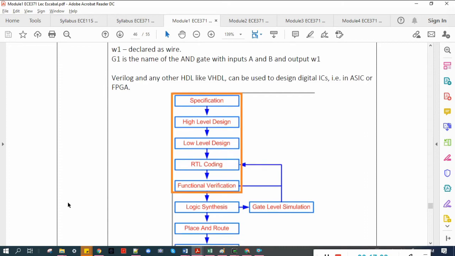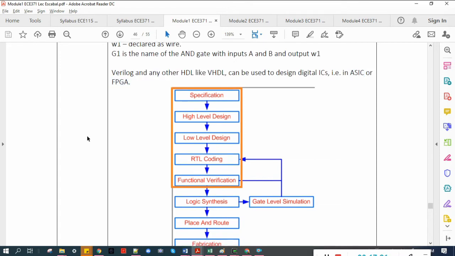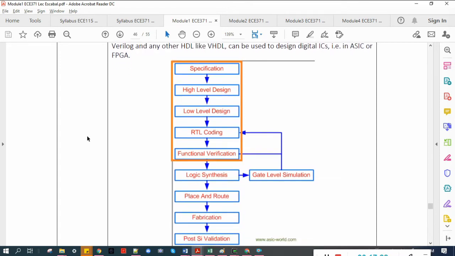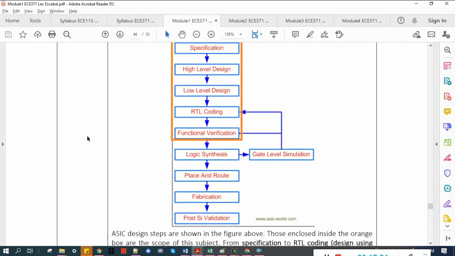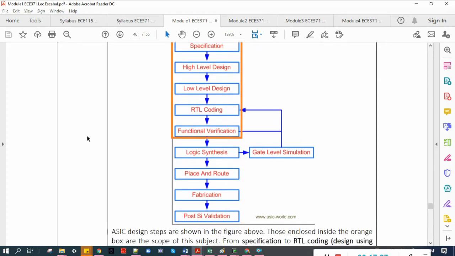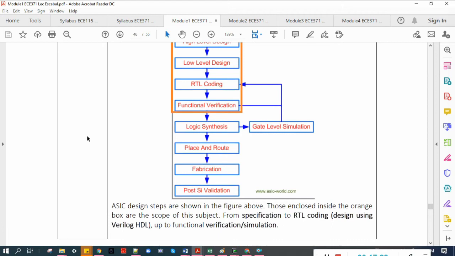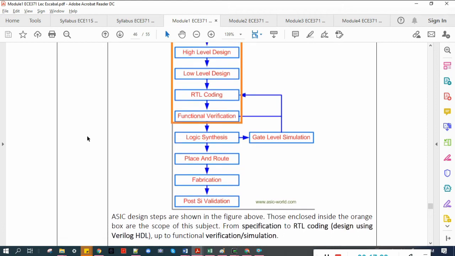Verilog and any other HDL like VHDL can be used to design digital ICs, be it in ASIC or FPGA. We already discussed that. These are the design steps for ASIC designs.